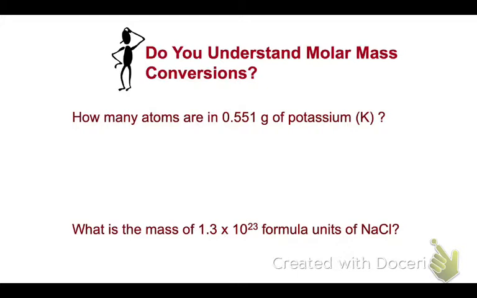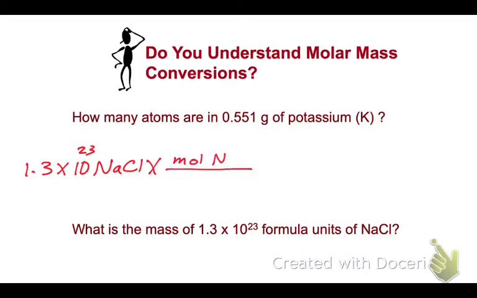So there are 1.3 times 10 to the power 23 sodium chloride formula units, and now we're going to convert that into moles. So 1 mole of sodium chloride formula unit does have 6.022 times 10 to the power 23 formula units of sodium chloride.